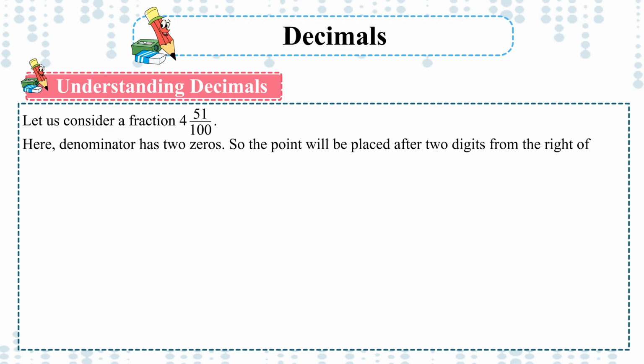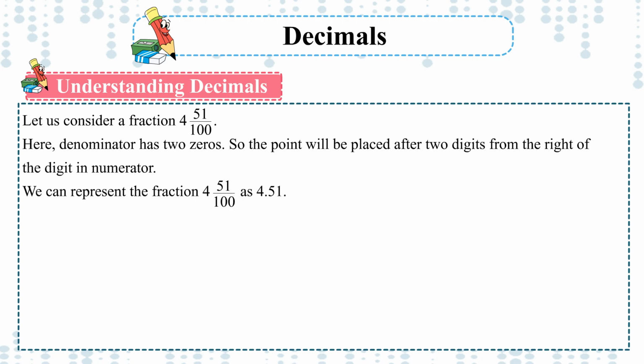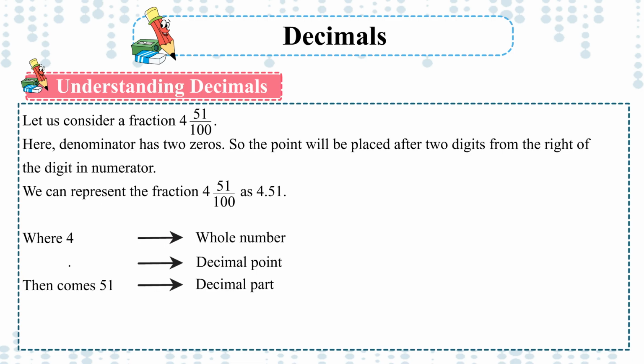Here, the denominator has 2 zeros. So the point will be placed after 2 digits from the right of the digits in the numerator. We can represent the fraction 451 upon 100 as 4.51, where 4 is the whole number, then the decimal point, then comes 51, the decimal part.